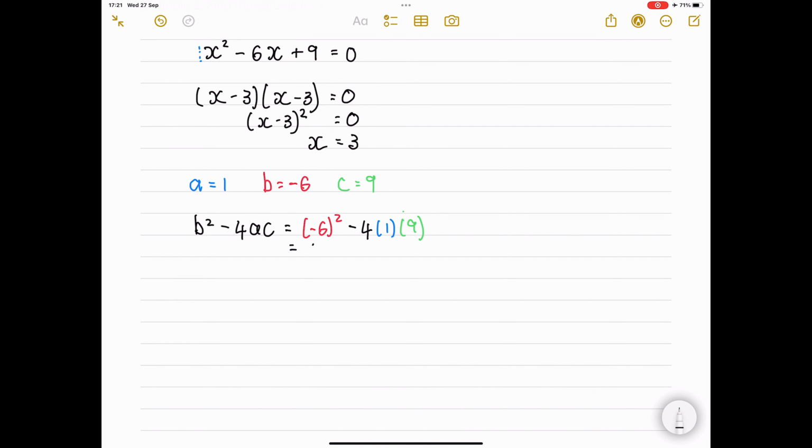When you simplify this, you get 36 minus 36, which is 0. And that means that you only have one real solution.